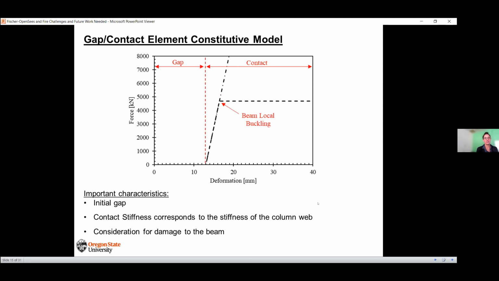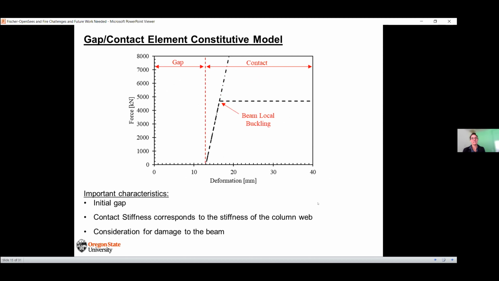When it comes to that beam bottom flange bearing on the column itself, we've seen two different models, and I'm going to show you the implications of these two different models in our benchmarking example. The first is that once that bottom flange hits the column, we have infinite stiffness and no additional rotation.